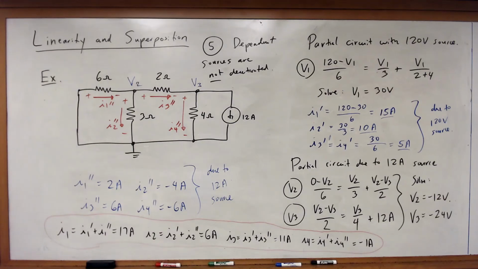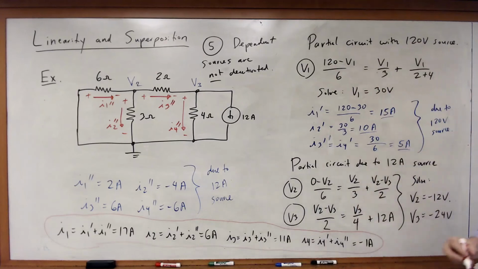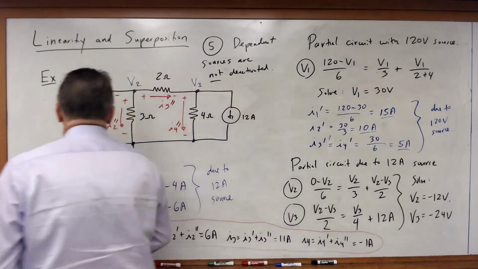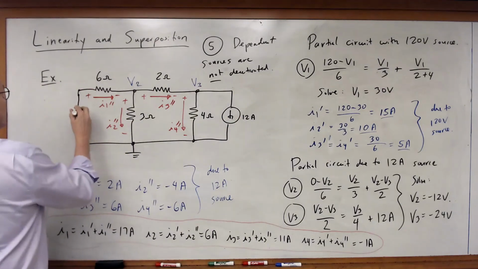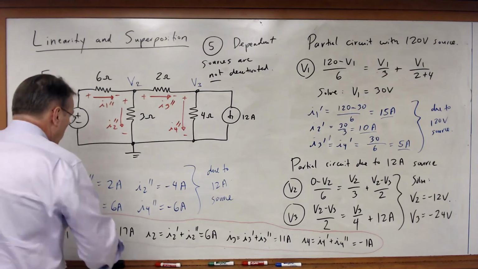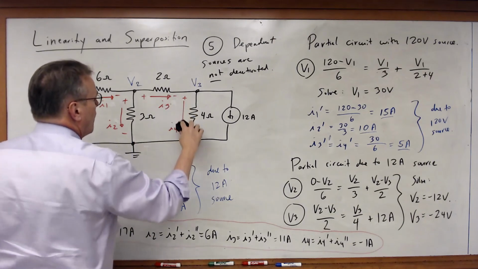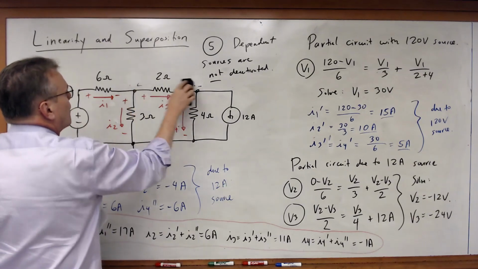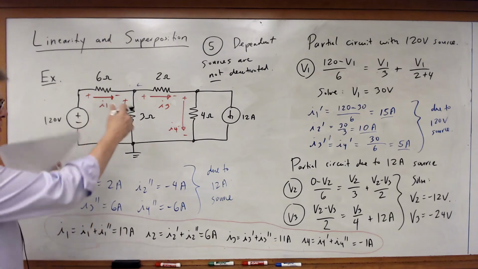So here are the four currents. I've simply summed together the partial currents due to the two independent sources. Now, I want to emphasize something. If I went back to the original circuit, I could find I1 through I4 just by solving that original circuit.